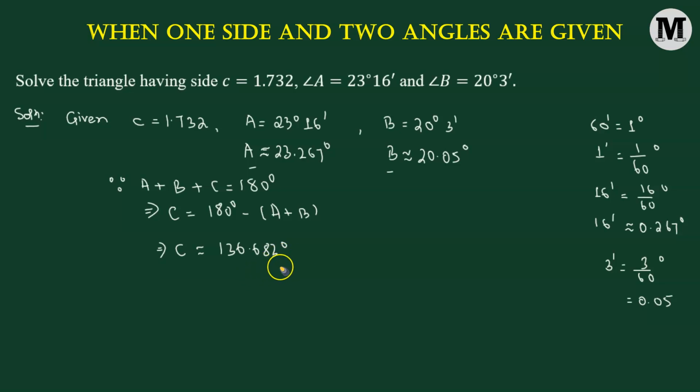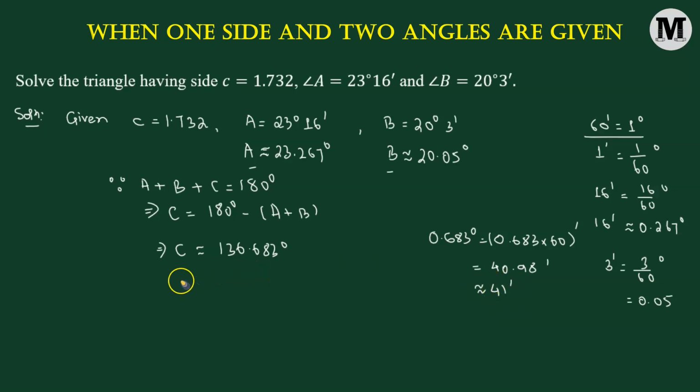But anyway, we can also convert this 0.683 into minutes, because we know that 1 degree corresponds to 60 minutes. This means for every degree we have 60 minutes. So 0.683 degrees, when converted to minutes, is simply 0.683 multiplied by 60, which gives us 40.98 minutes, or we can approximately consider it to be 41 minutes.